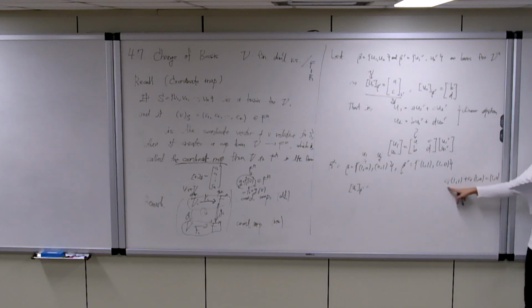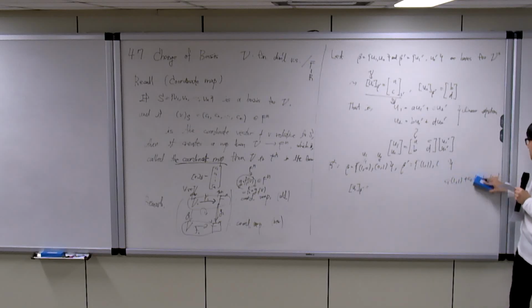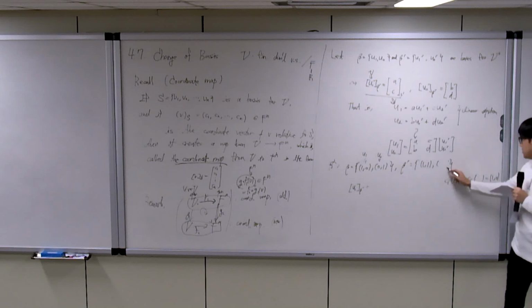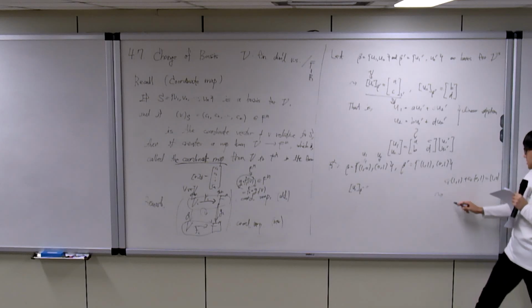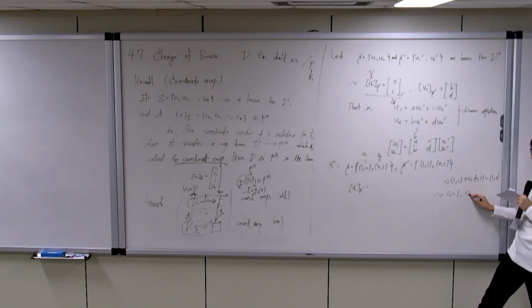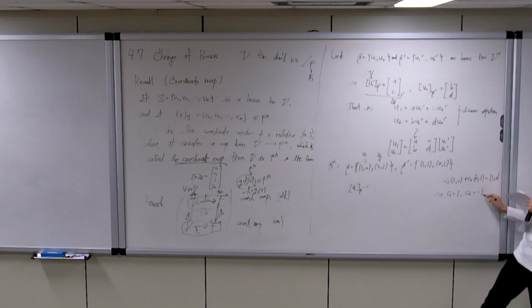By calculating this equation, to make it easy to calculate, let's consider (0, 1). Then, if c1 is 1 and c2 is minus 1, this equation is satisfied.